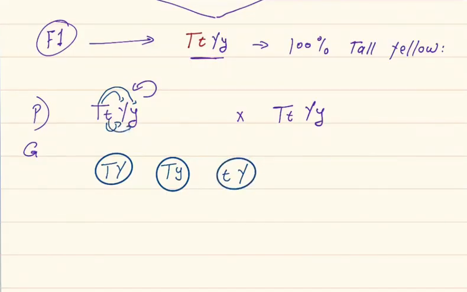Now the second with the second, that's going to be T small, Y small. These are the gametes of the male. And the female will be the same because it is self-pollination. So we are going to use these as the gametes of the male, and the same as the gametes of the female.